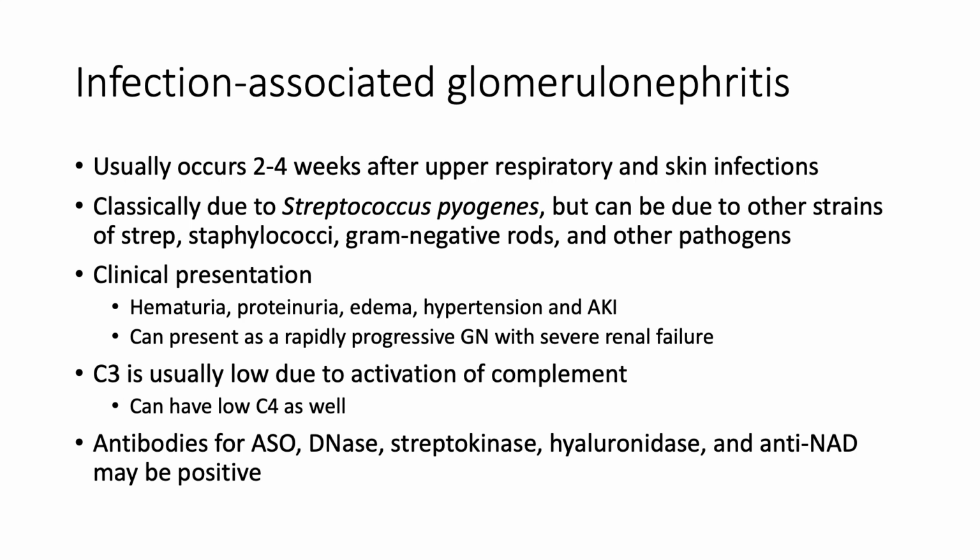Your C4 can also be low, but not always. And then also you're going to want to look for antibodies for Streptococcus pyogenes, so your ASO, DNase, streptokinase, hyaluronidase, and anti-NAD antibodies may all be positive, even in patients who didn't realize that they had a strep infection. So at least you want to send a few of those. There are panels where you can send all 5.